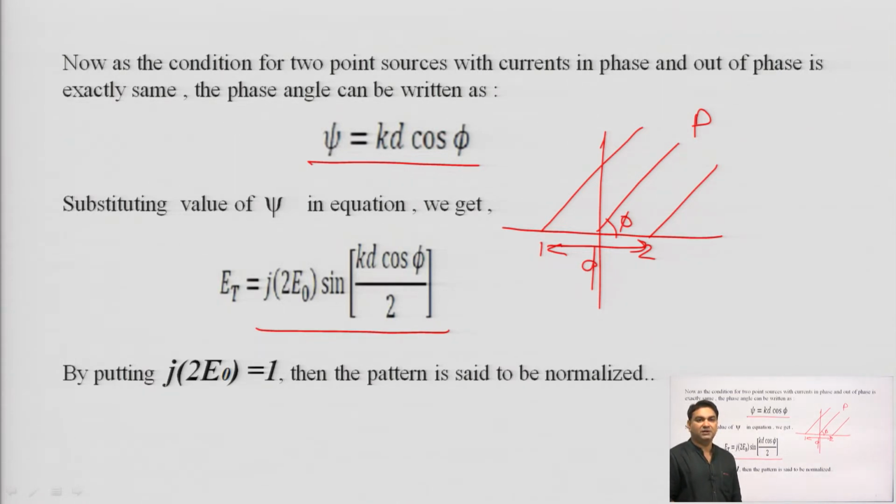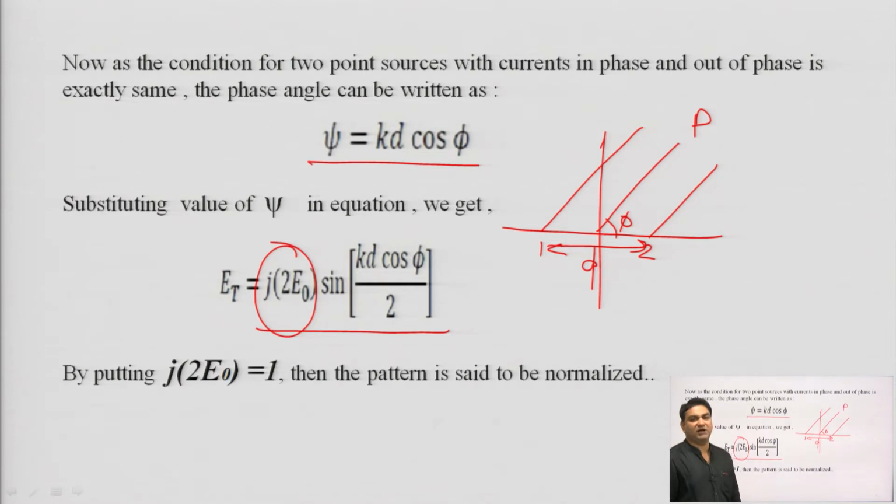And for the normalized radiation pattern, we have to put the magnitude of this total electric field strength, j twice E naught, equal to 1. It means it is normalized: the magnitude of this resultant field strength is equal to 1.